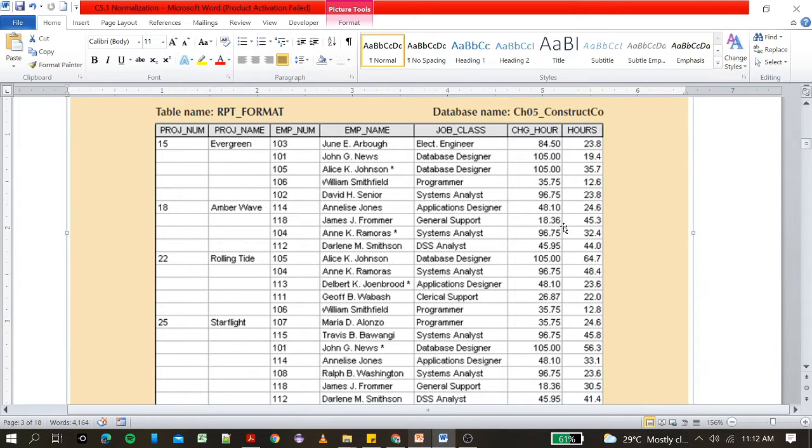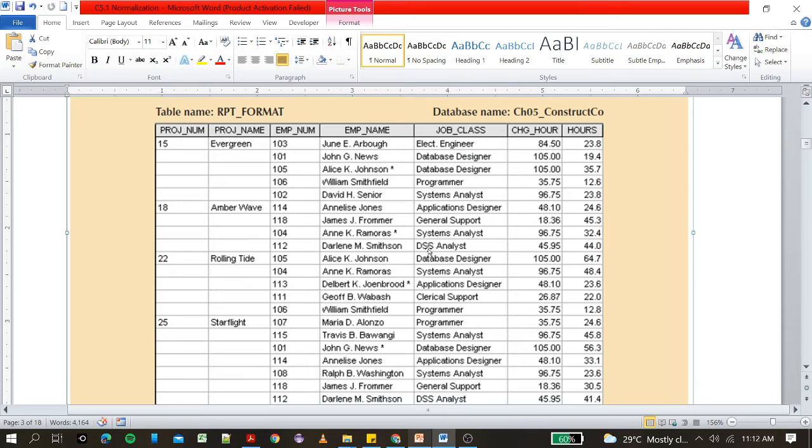Okay? So, ayan. So, we have here 1, 2, 3, 4, 5, 6, 7 columns. 7 columns of the table. And those column names represent the attributes of our table. We can call this table, as provided in the example, as RPT format.